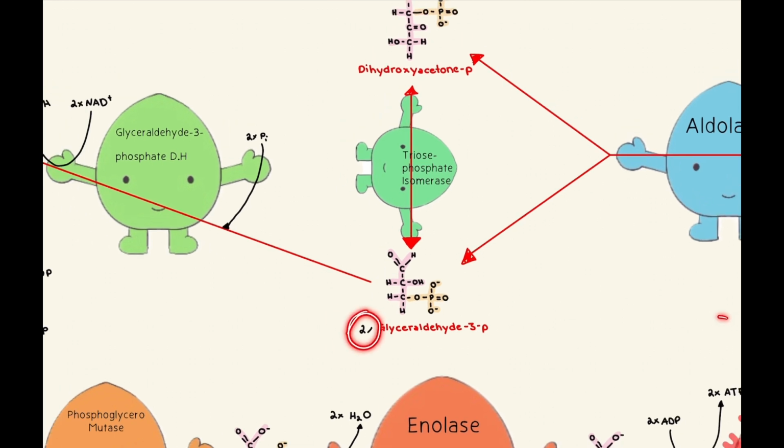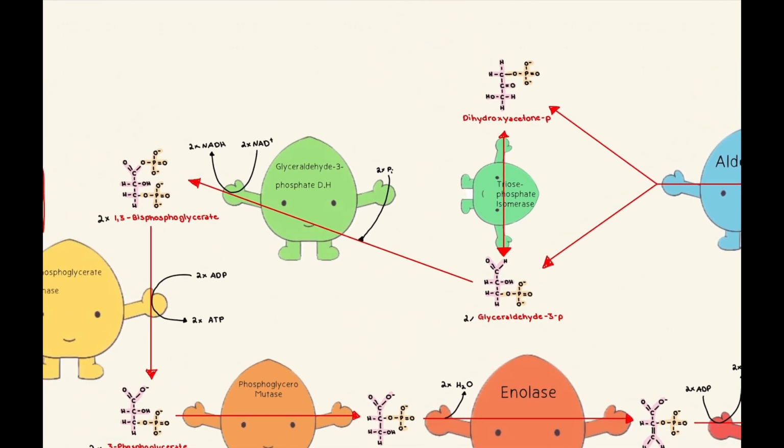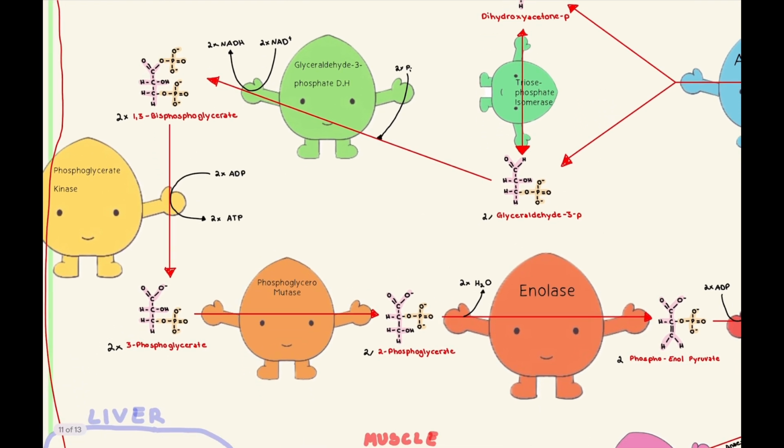In step 6, two molecules of glyceraldehyde 3-phosphate are being oxidized into 1,3-bisphosphoglycerate, while two NADH molecules are being produced. In step 7, two molecules of 1,3-bisphosphoglycerate are being dephosphorylated into two molecules of 3-phosphoglycerate while producing two ATPs.